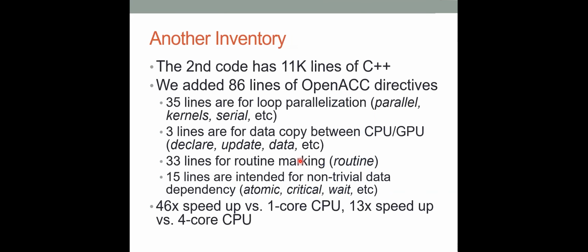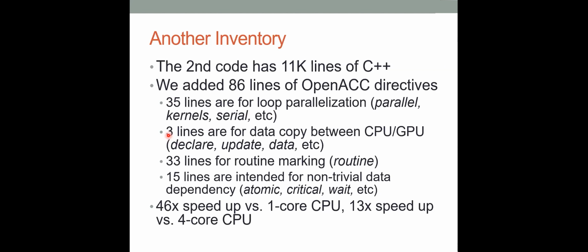And we have a second code that is written in C++, and this code base is much larger. It has 11,000 lines of C++. Because the C++ code is more modular, we can actually achieve the porting to GPU with fewer lines of OpenACC directives. Among these 86 lines, only 35 lines, less than half of it, are for loop parallelization.